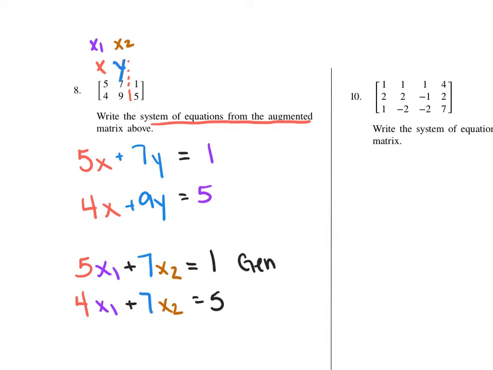This we call the general form, and the previous one is just using variables x and y, the traditional linear systems that you normally see.